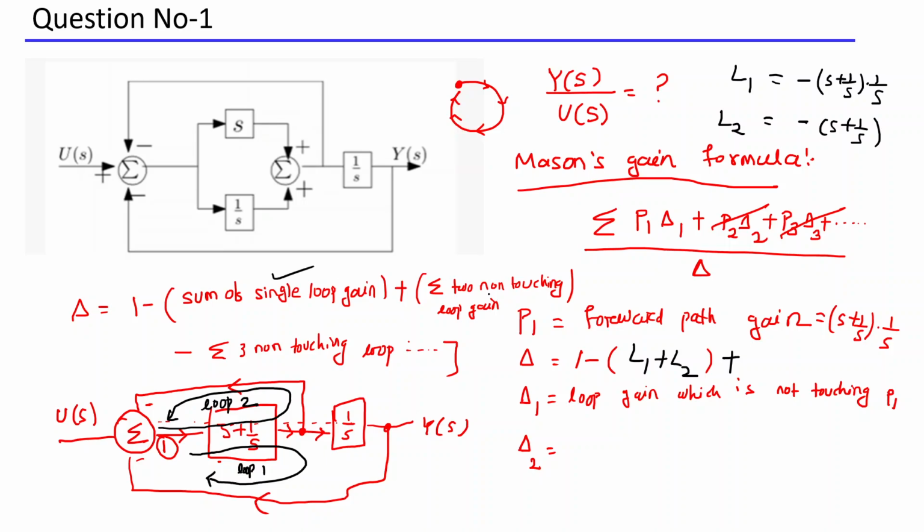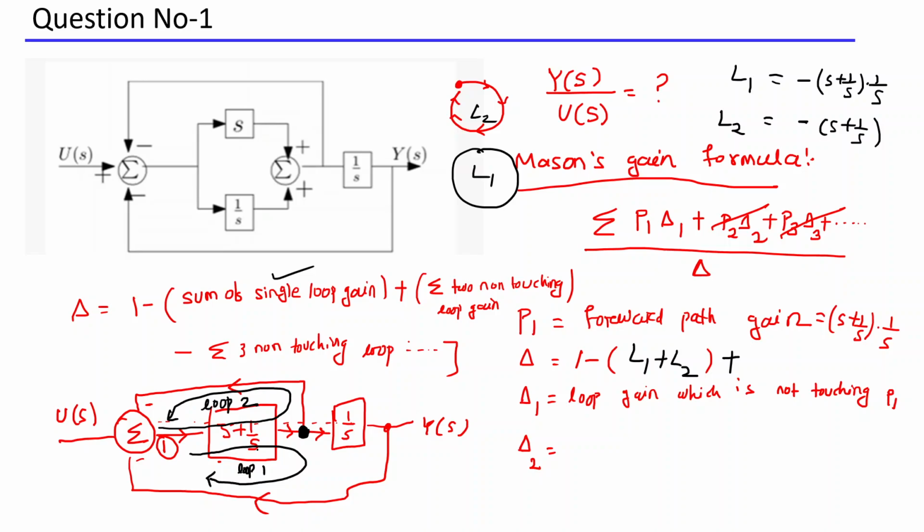Now, what is the sum of two non-touching loops? There are two loops present, L1 and L2. Are these two loops non-touching? Non-touching means there should not be any common point between loop 1 and loop 2. But you can see that loop 1 and loop 2 touch at this point. This point is common to both L1 and L2.